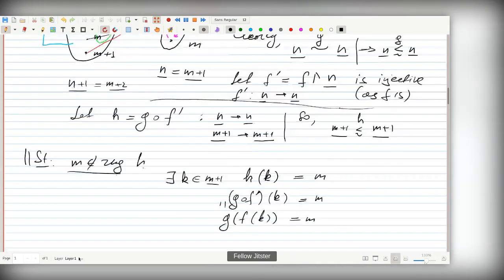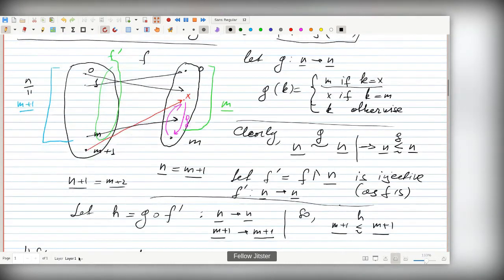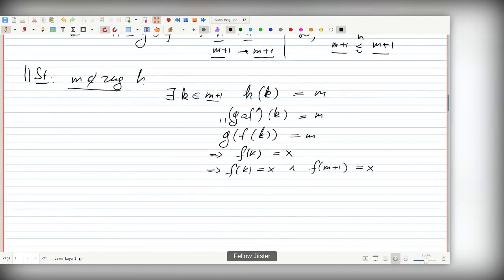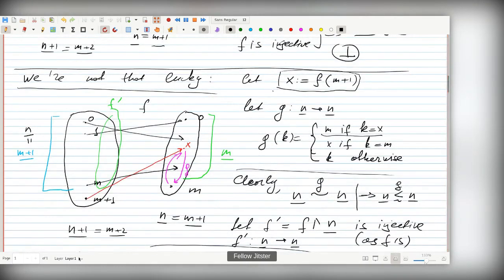But g takes value m if and only if the argument equals x. So that means that f of k equals x, and on the other hand, by the definition of x, we have that f of m plus 1 equals x.